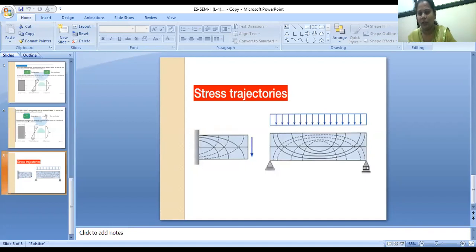A line in a stressed body tangent to the direction of one of the principal stresses at every point through which it passes. Full stop.